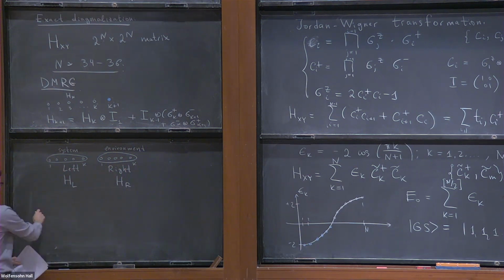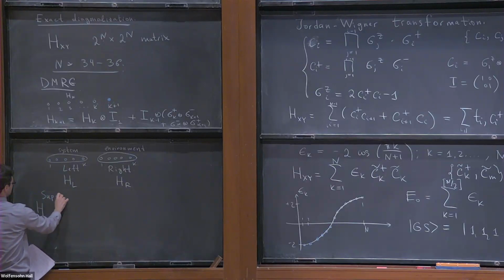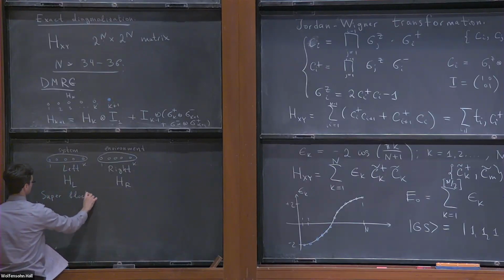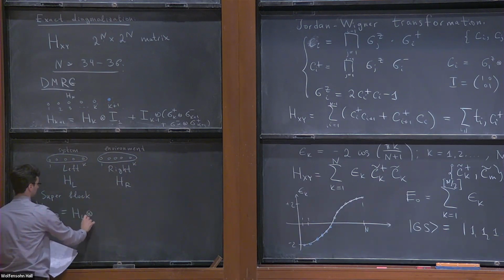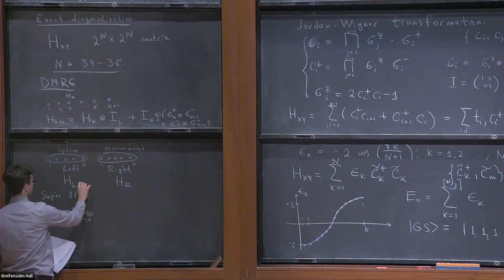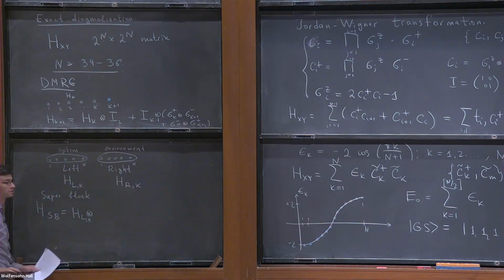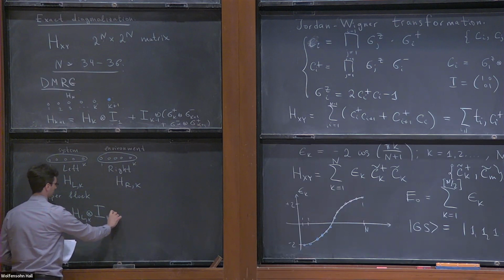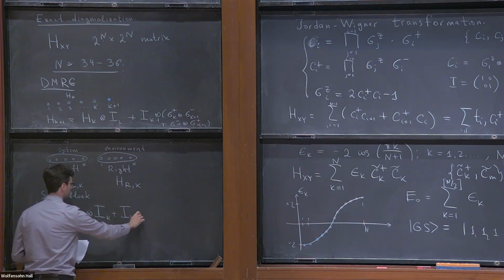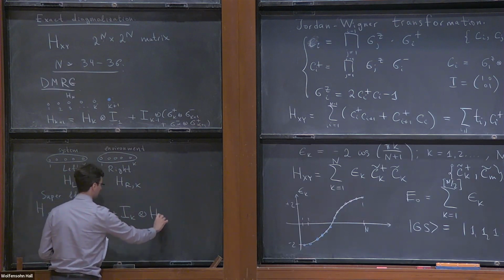And the bigger block is called the superblock, which will be h left k, it's called k, meaning that it's made of k sites, times identity plus identity times h right.